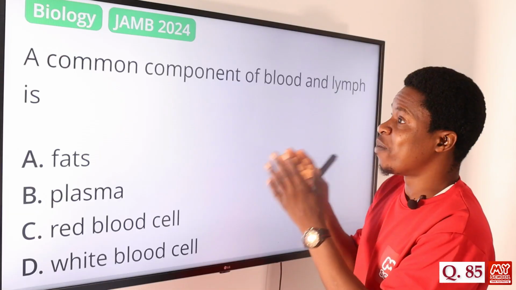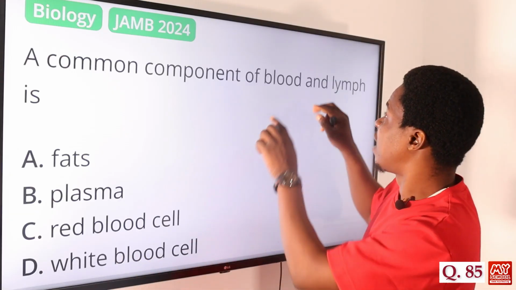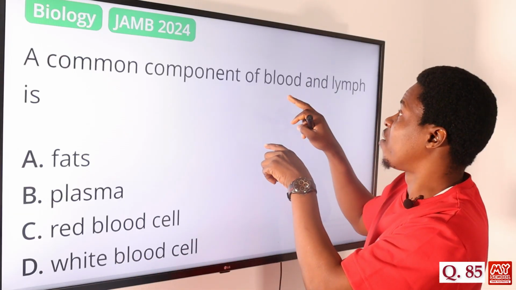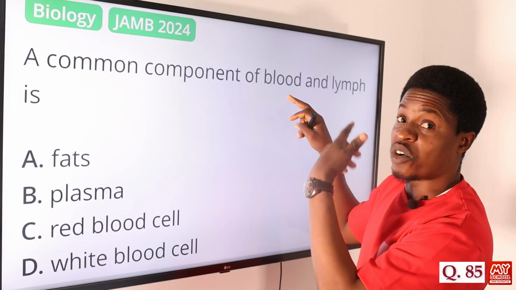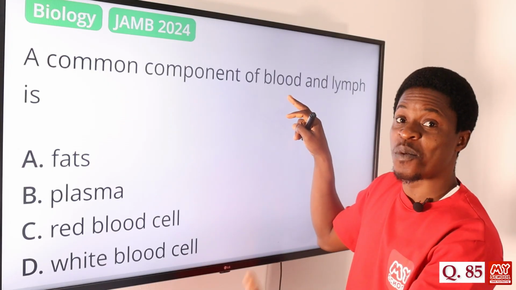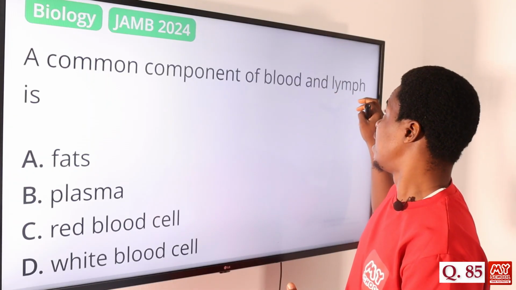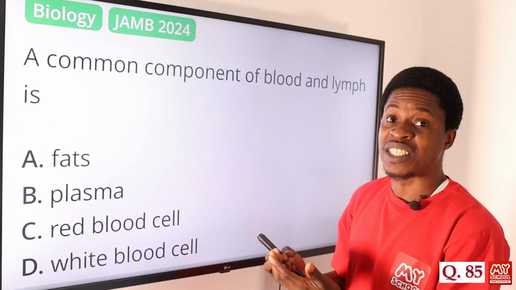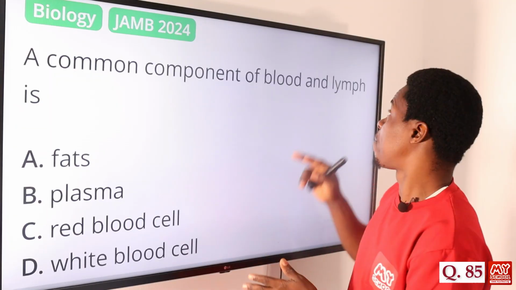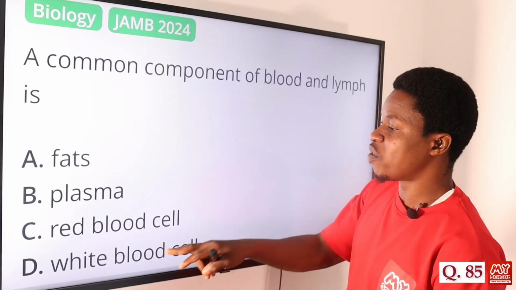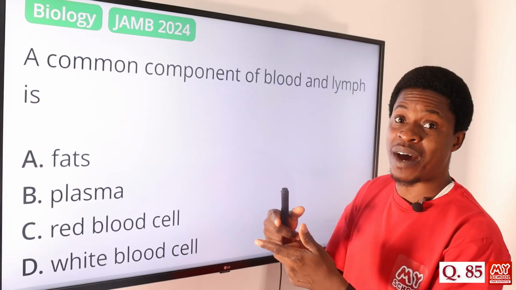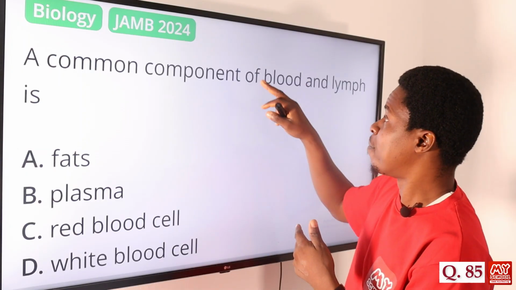Okay, so in other words, we can say that the white blood cell is present in the blood. And then we call it the leukocyte, or we call it white blood cells, and then we also have it present in the lymph, in form of lymphocytes. So lymphocytes are types of white blood cells that are present in the lymph, and then we have the white blood cell produced in the bone marrow of animals in the blood also.